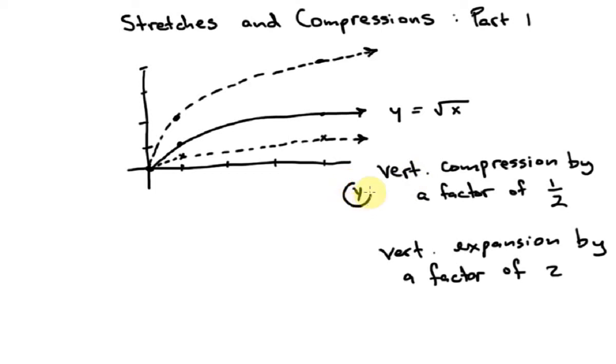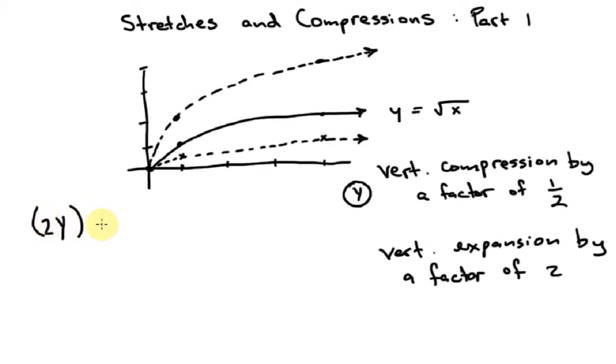So we want to locate the y in our function and make the change to that y. What change would I make? Let's look at the first one, compressing by a factor of 1/2. You find the y, and then you put a 2 in front.